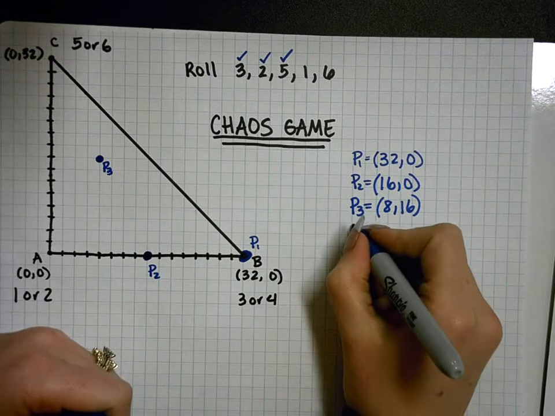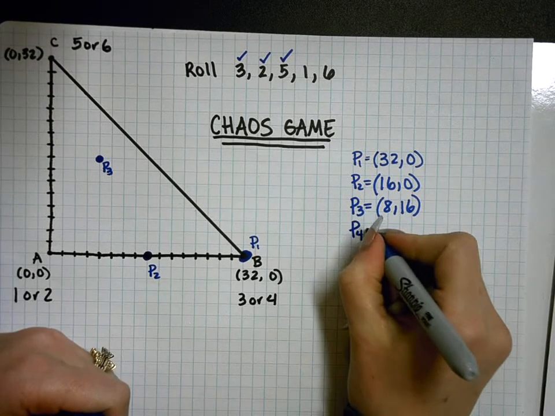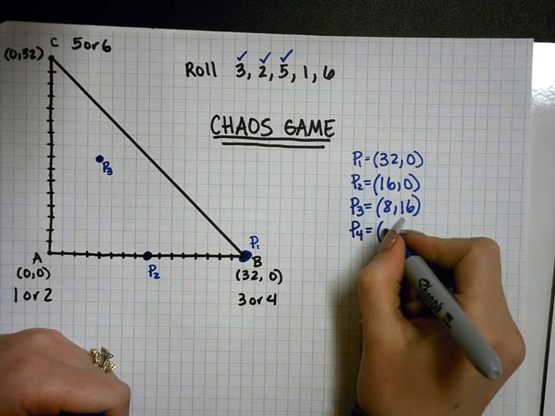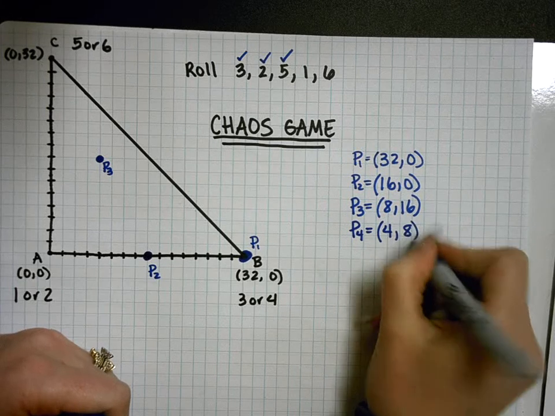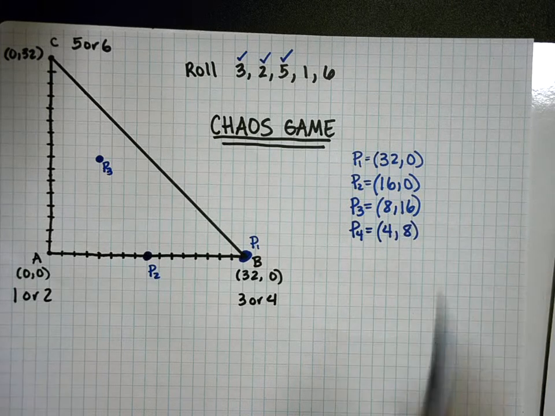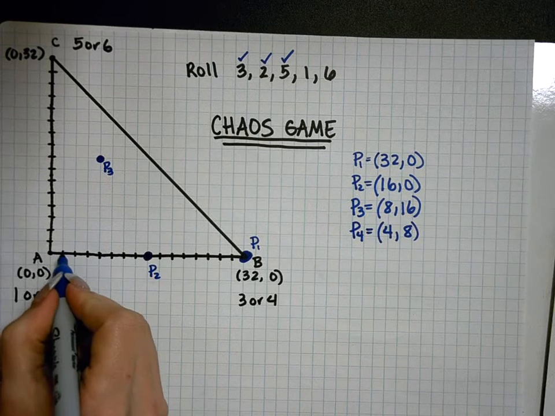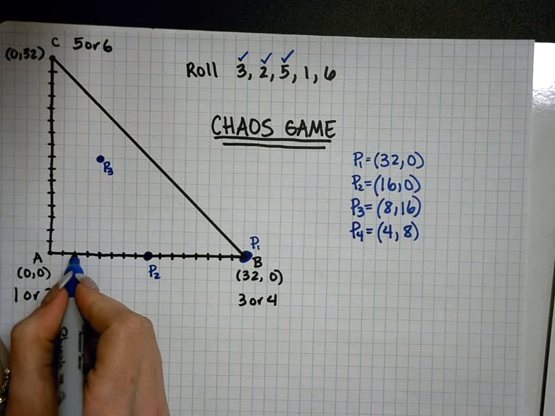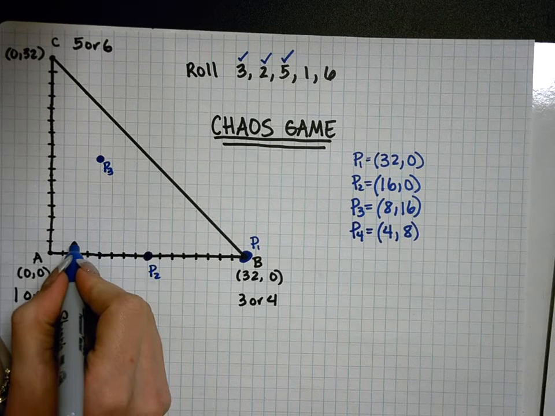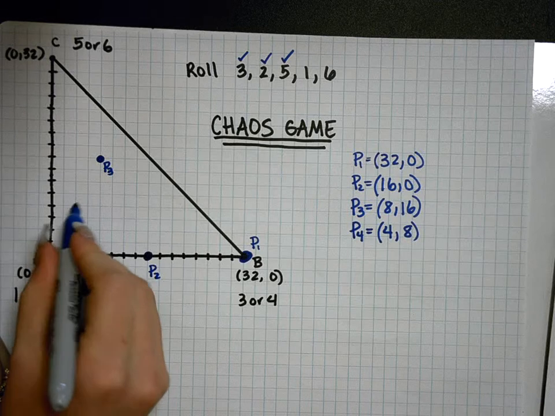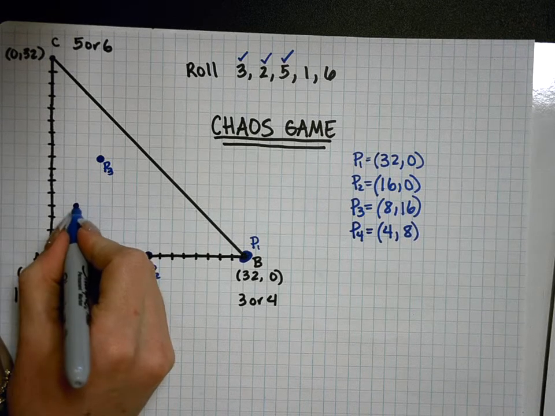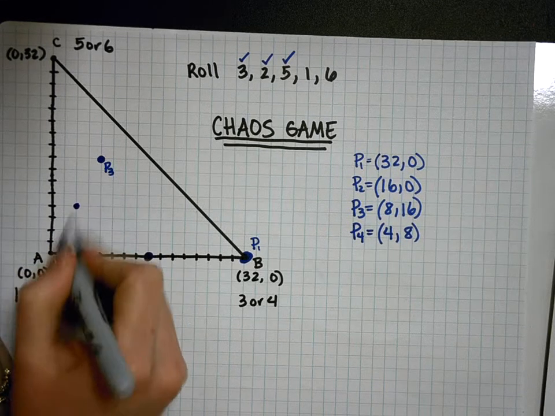So my P4 is 4, 8, where 4 is the x part and 8 is the y part. We're just going to go ahead and plot that point. It's 2, 4, then go up in the y part, 2, 4, 6, 8. Right there, and it just looks halfway between those 2 points.